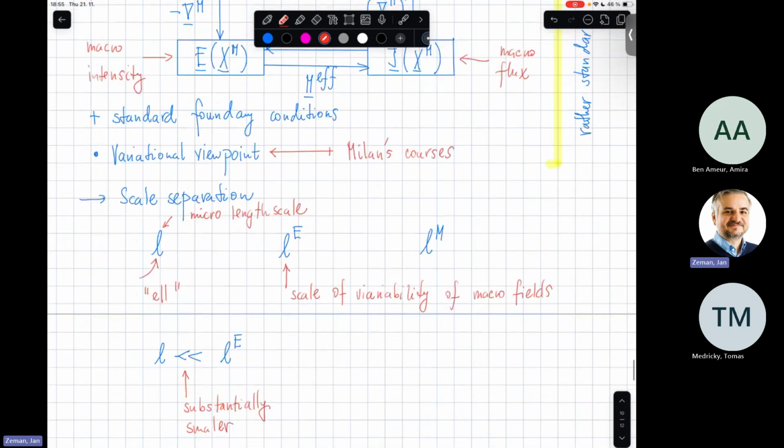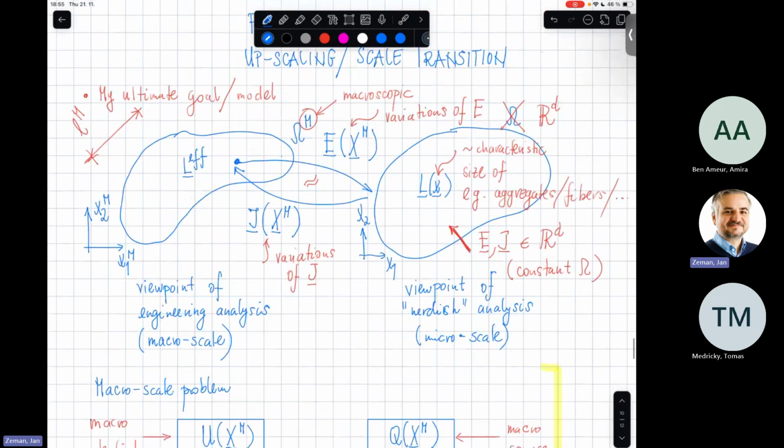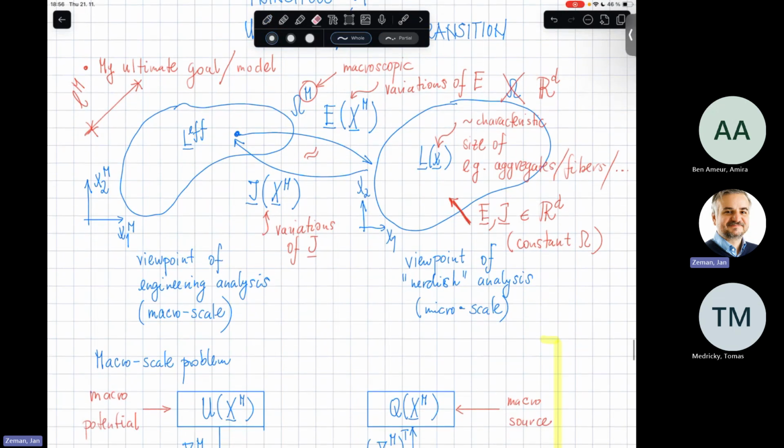And the second condition is related to the fact that this capital yeah, well, I have it. No. Yeah, I'm sorry.